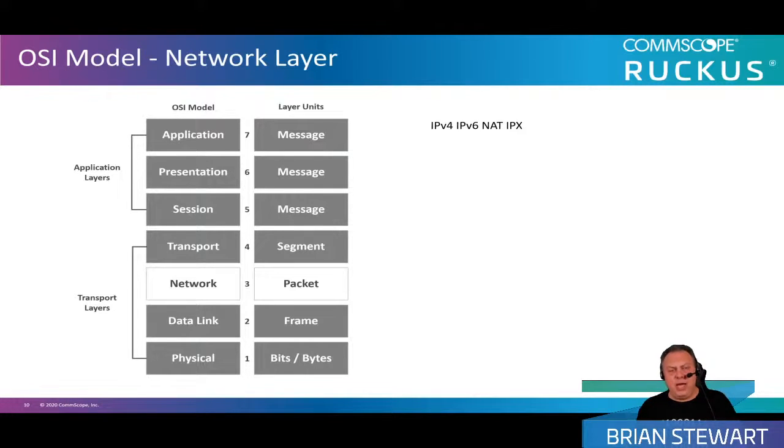Early on, when you had things like Banyan Vines, Novell, they had their own methods of routing traffic. They had their own logical addressing systems. But as the internet became more and more prevalent and IP became more widely distributed, most of even those vendors transitioned over to using IP in place of their own underlying protocols.